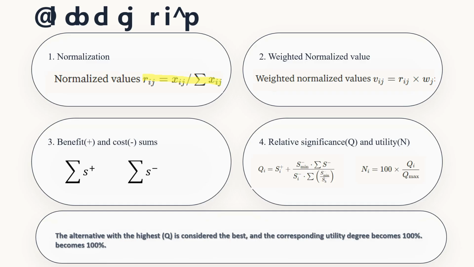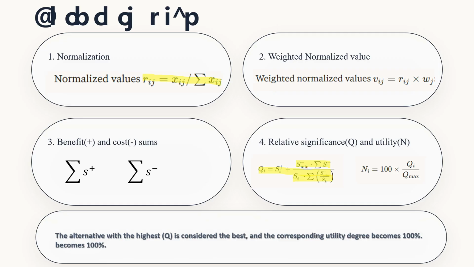Then you have to use this formula Qi, this one, to find the value of Q. Qi, where i indicates the ith alternative.